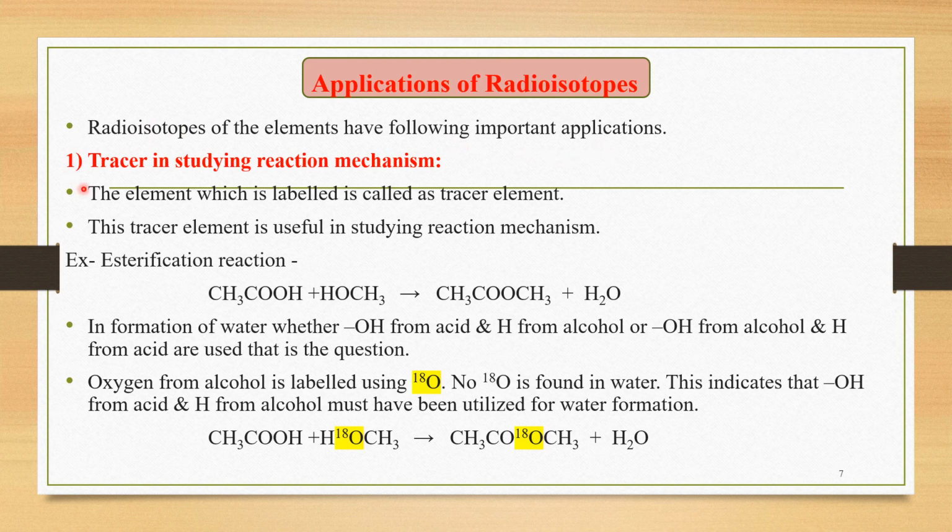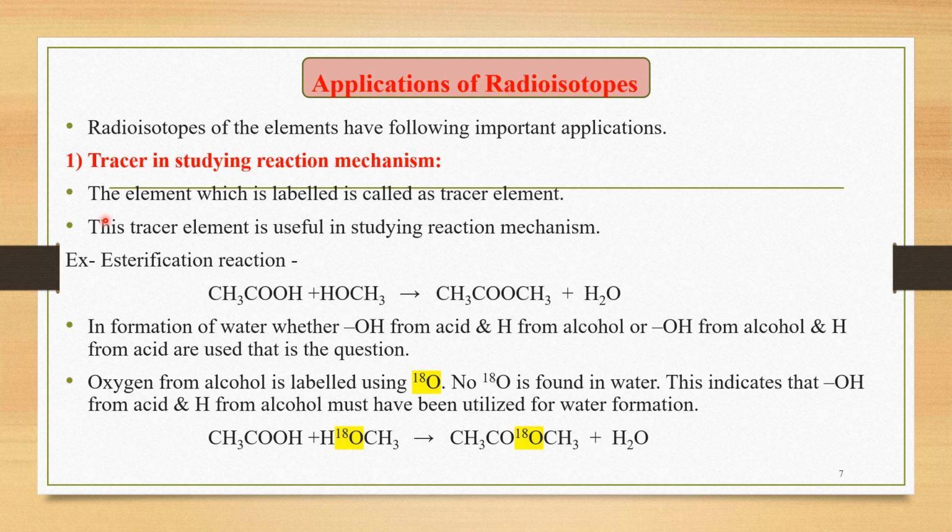The first important application of radioisotopes is as a tracer in studying reaction mechanism. This is the most important application of these radioisotopes for the determination of the reaction mechanism. If we want to study in detail the mechanism of any chemical reaction, then for this purpose we have to use some tracer elements for finding out the reaction mechanism.